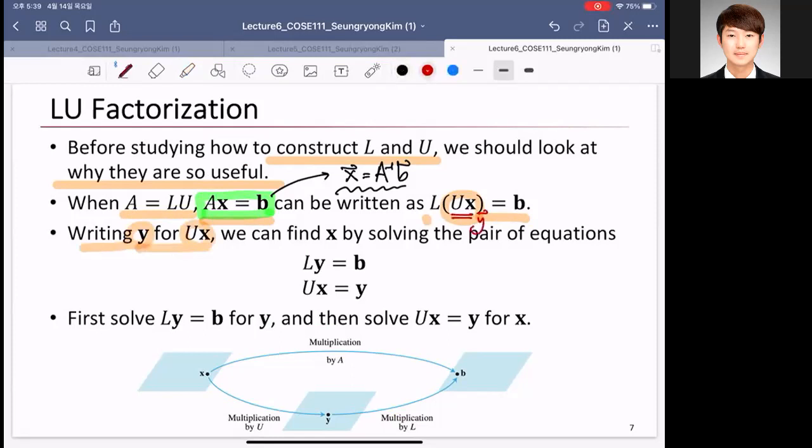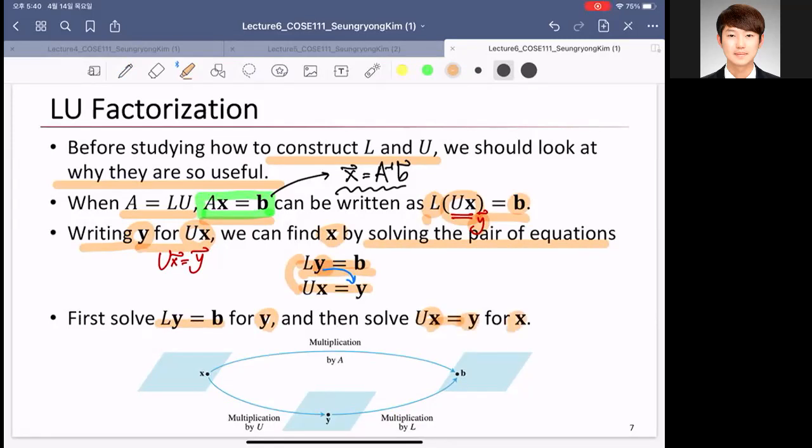If we define Ux as y, we can find x by solving a pair of equations. First, Ly equals b, and once we find y, we solve the other equation, Ux equals y.